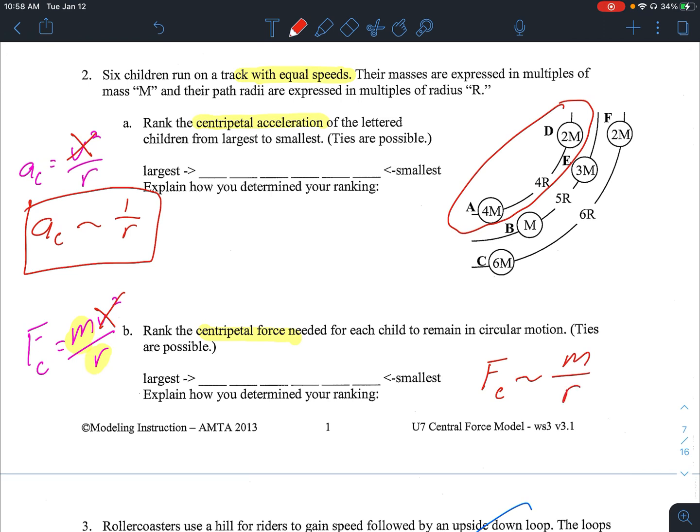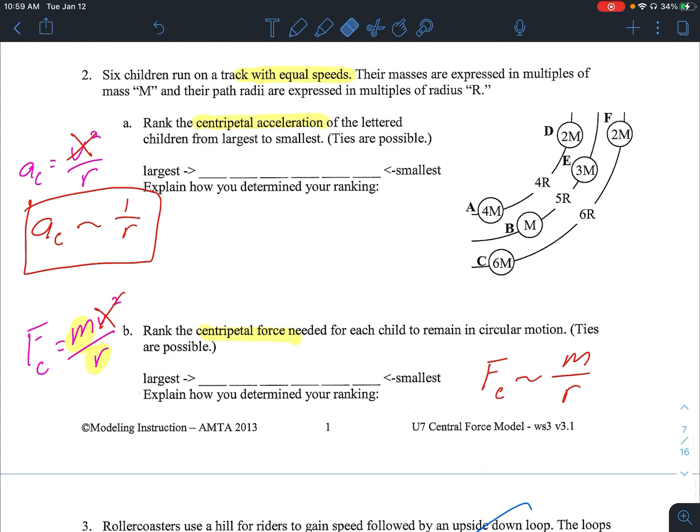So let's pick, I don't know, runner A. Runner A is 4m, or 4 times this initial mass, and then running on a lane that has 4r.